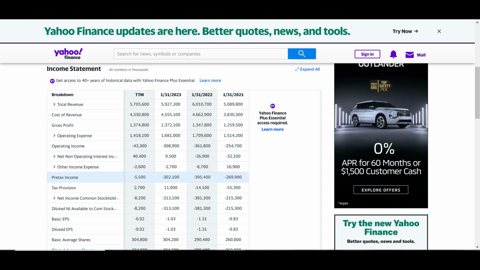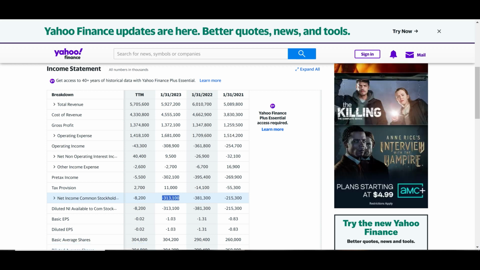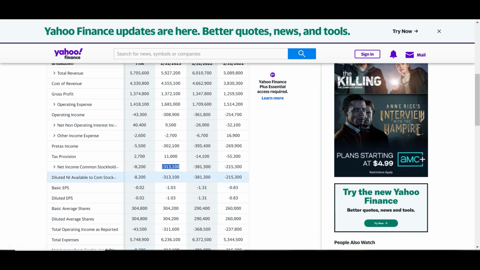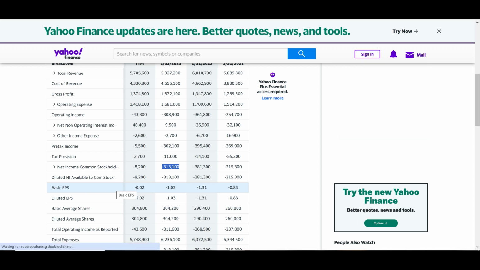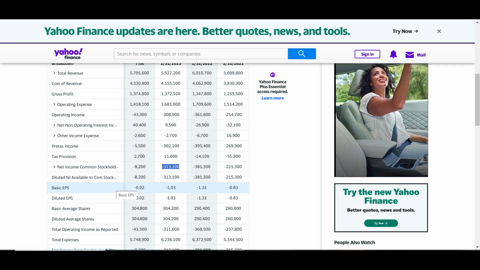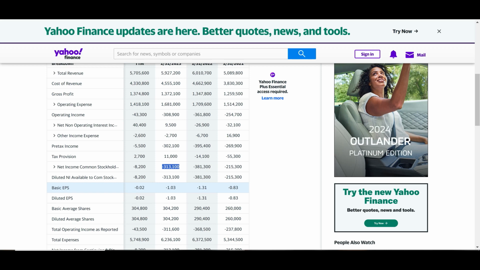Their pre-tax income is negative, and their net income, again, also negative. And so this is not a healthy company. They don't have a profit, and their basic earnings per share is negative $1.03. Compare that to what we just saw with Apple, which has a positive $6.43, a stark contrast to what this company is.